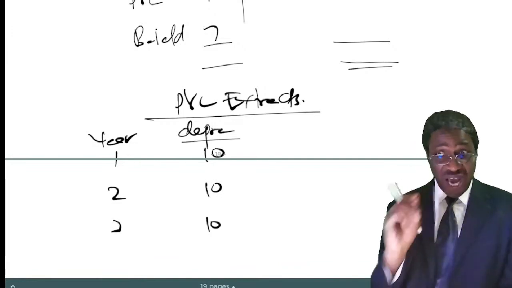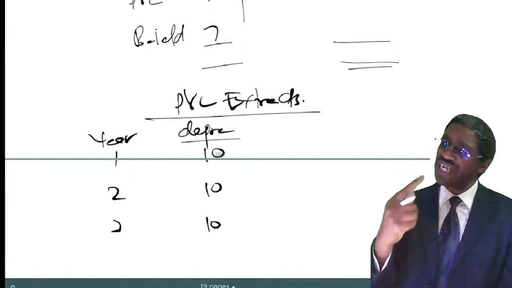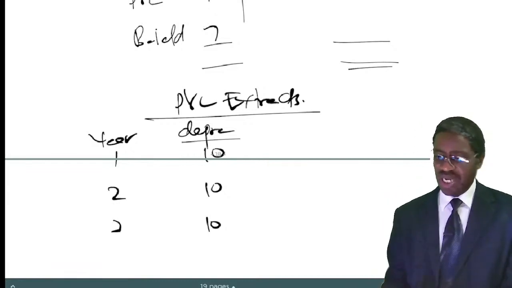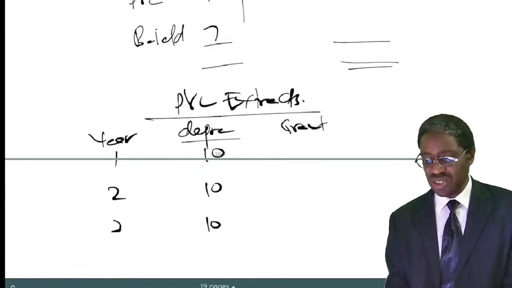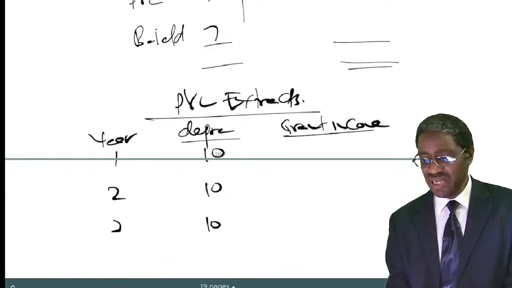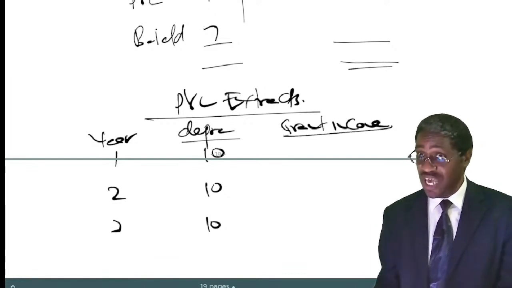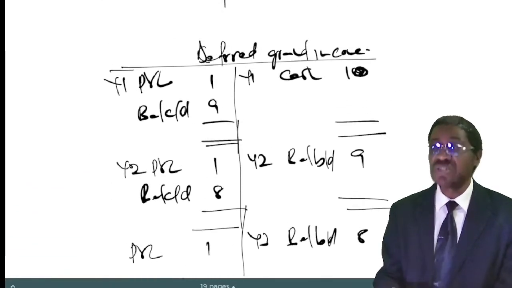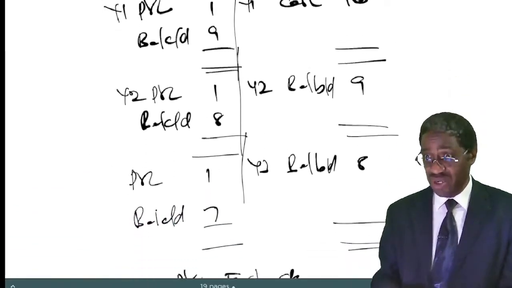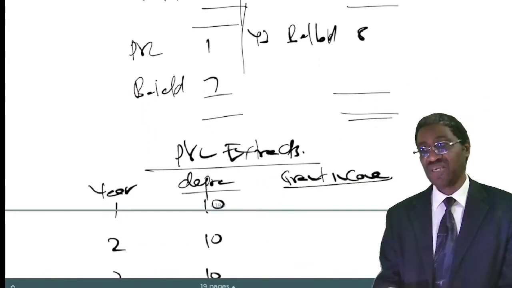With this method now, there will be something else that will go to the P&L account. And that is what? An income. That's what we are calling grant income. In the P&L account, every year I was recognizing how much as an income? 1 million, 1 million, 1 million every year. Are you seeing it there? Good.